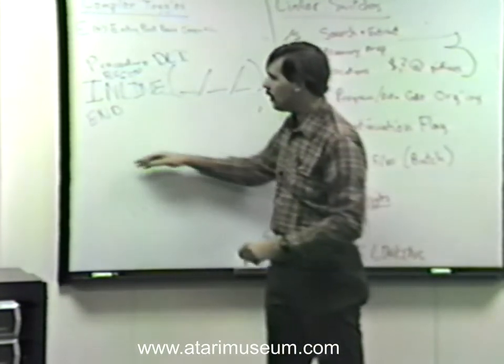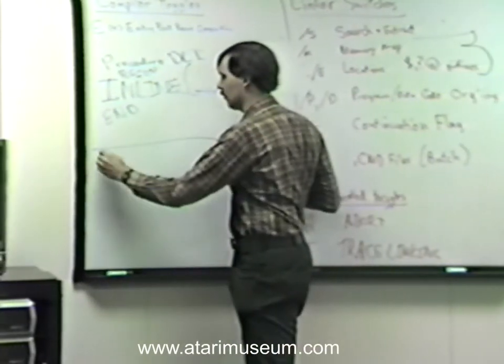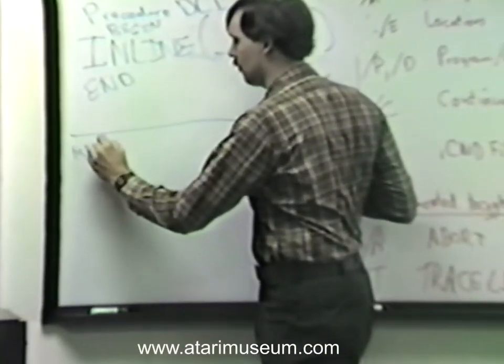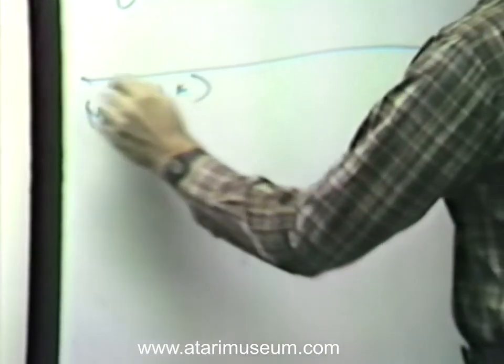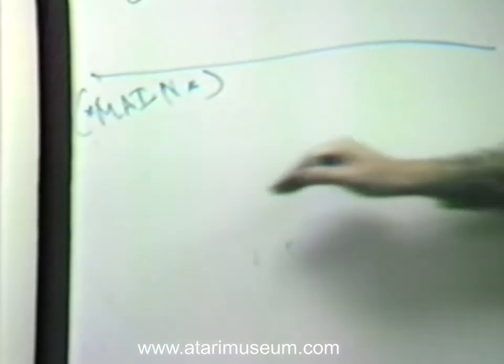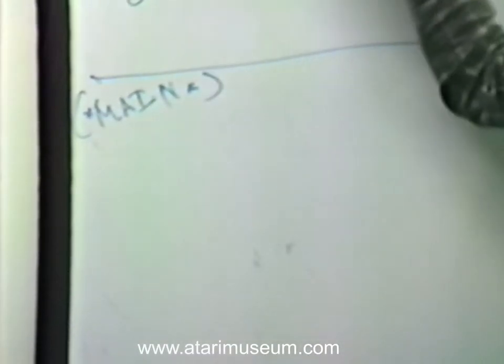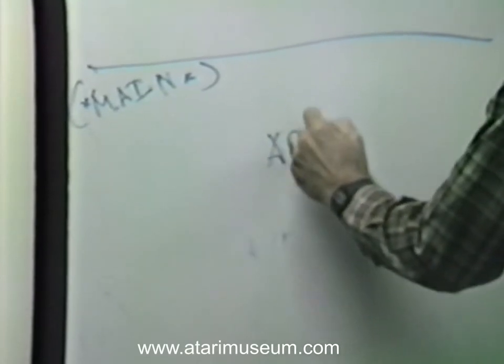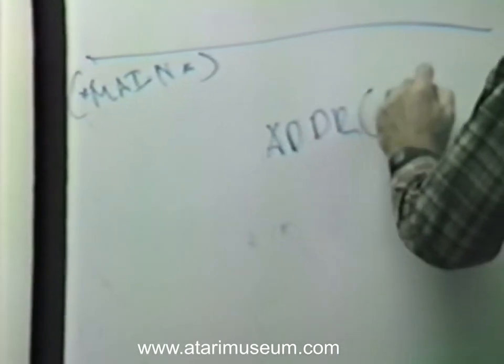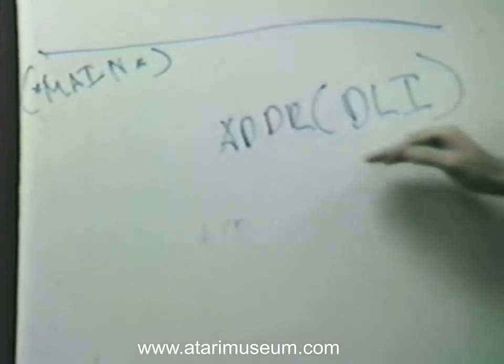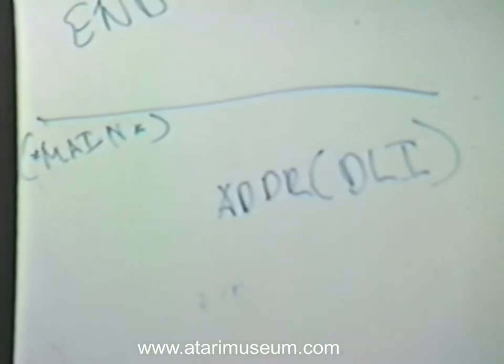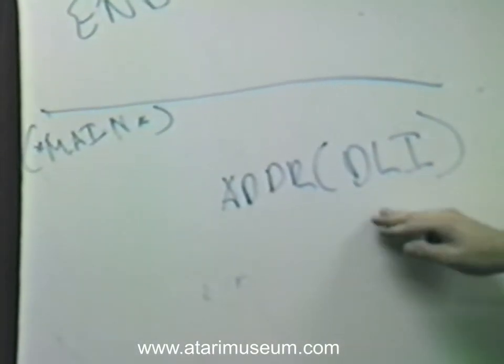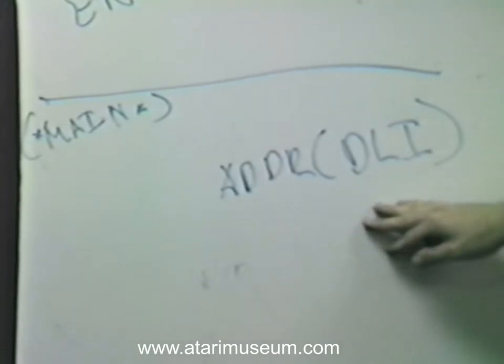Okay, then in my main program, what I do is I get the address of this procedure. I say ADDR of DLI, and I store that address into the display list interrupt vector.